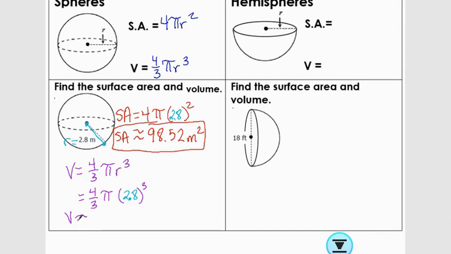So that volume is approximately, again, the wavy equal sign means approximately, 91.95 cubic meters because volume is in 3 dimensions.